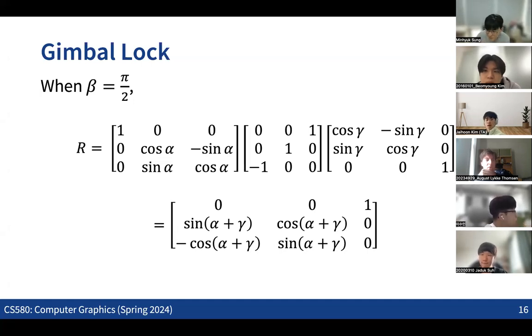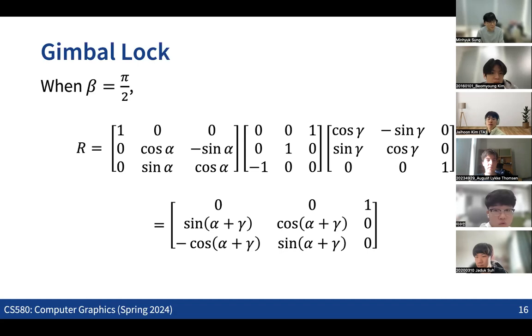So check for yourself, go to this website and see, for any arbitrary alpha and gamma, what rotations we're going to see. While this matrix looks simple, the rotation that we are making with it is not that simple.